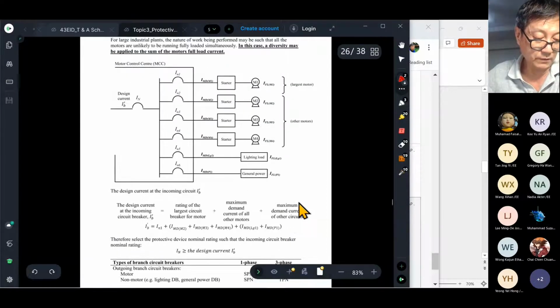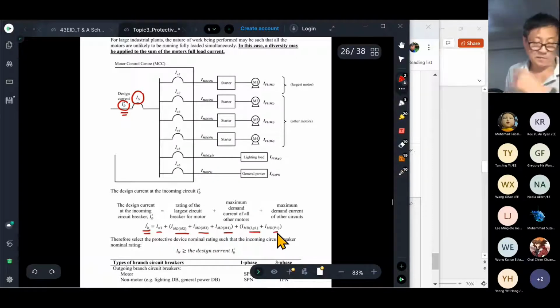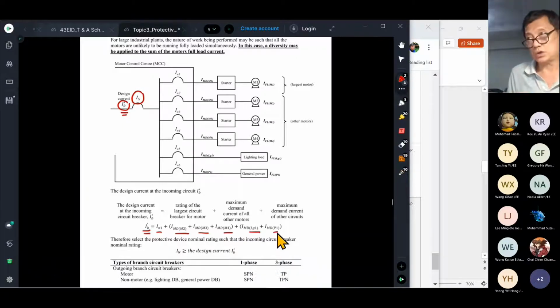Page T25 gives you a method of how to size this load. It says the design current at this point can be calculated using this formula. So I'm going to use this approach to apply to our PBL 2.2.